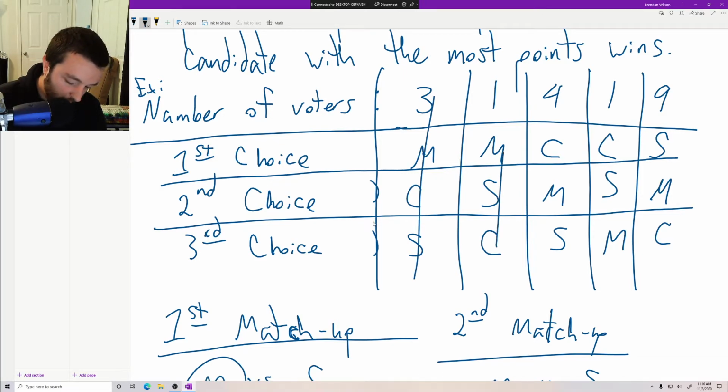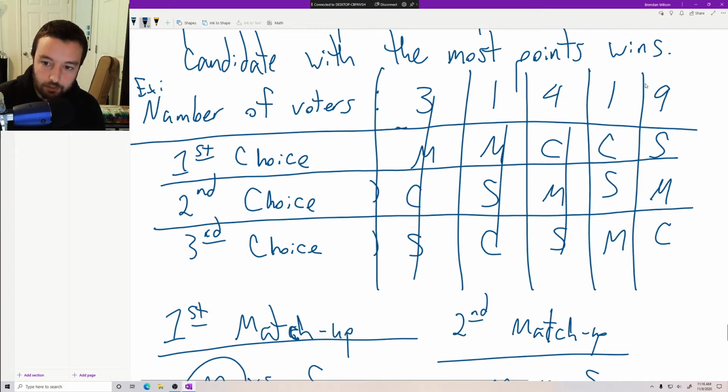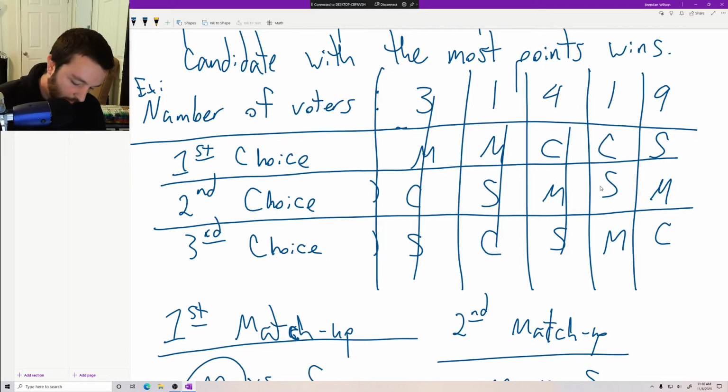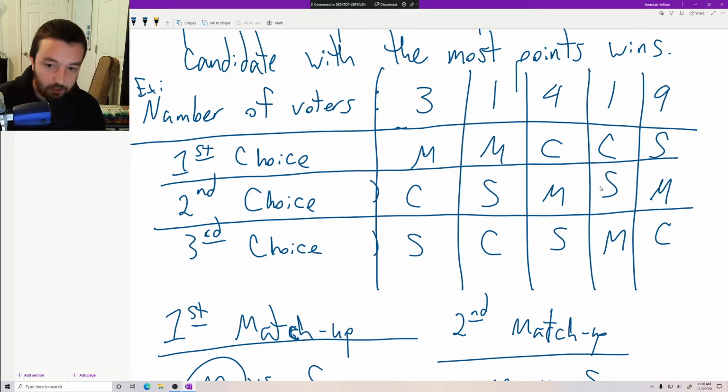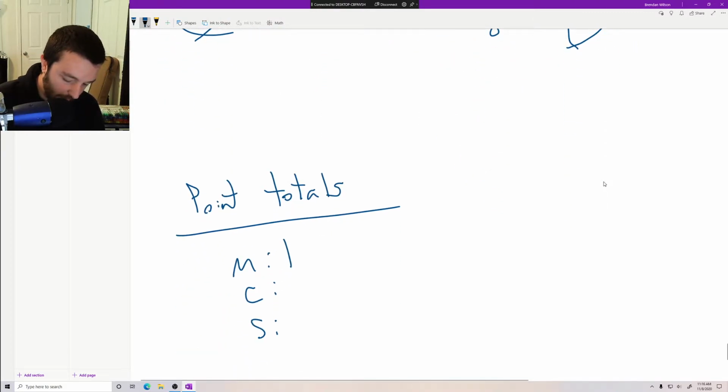That's going to be here, here, here, and that's it. So 8. And then the remainder is going to go to Snickers for 10, because there are 18 total. I'm getting rid of these lines just so they're not there on the next one. So that's a point for Snickers.